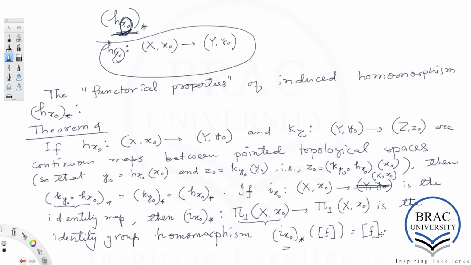Then you take everything to the framework of groups where the objects talk to each other by means of group homomorphisms. So the induced group homomorphism acts like a functor between the category of pointed topological spaces, to be more precise, because we are fixing the base point, on one side, and the category of groups on the other side.